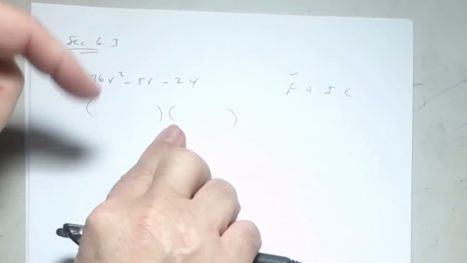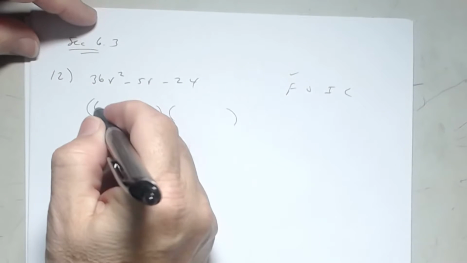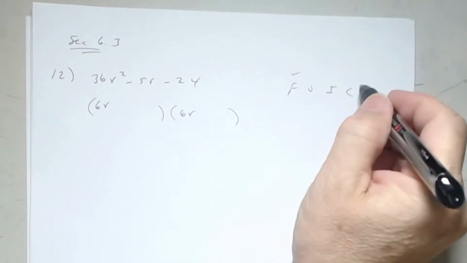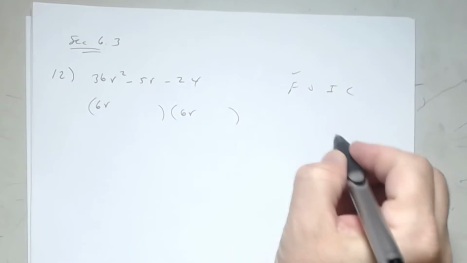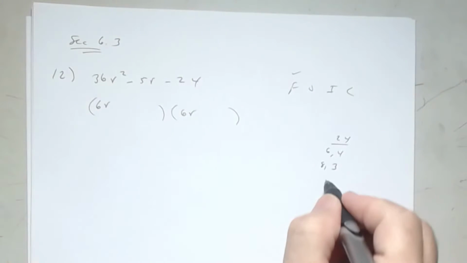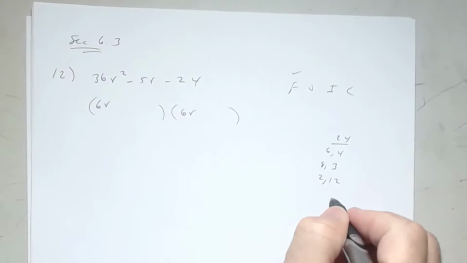You have all those possibilities, but you want to try 6 and 6. That gives us F, though it may or may not work. Then let's do the 24. What are the possibilities? 6 and 4, 8 and 3, 2 and 12.